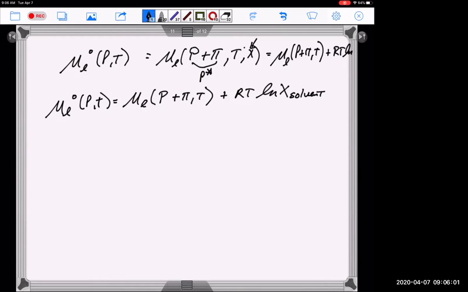All right, so a couple of things. Let's look at dG for the pure substance. And, well, no, sorry. Chemical potential, right, is dG for the mixture.